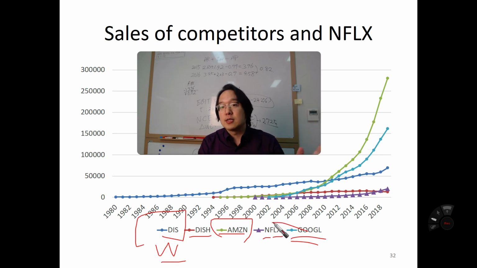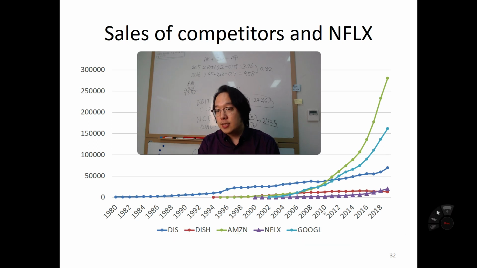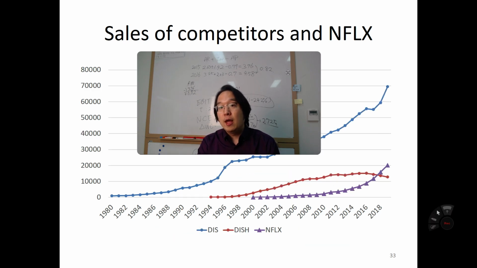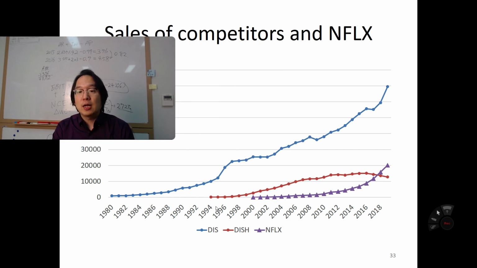So sales, I forgot to turn on my dog, so I have to finish somewhere. Anyway, sales are exponentially growing, and let's trim down to our close competitors in the broadcasting business, maybe Disney, and Dish Network and Netflix over here.